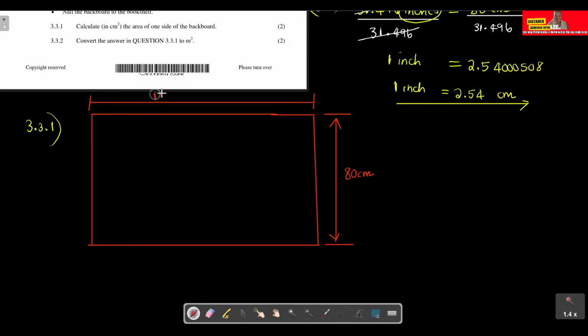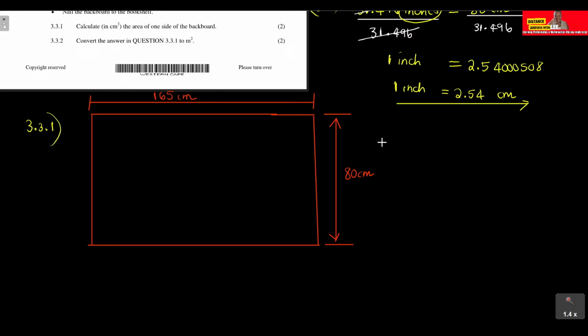Then how do we calculate the area of a rectangle? Remember guys, they gave us the formula here. To calculate the area of your rectangle, it's basically just going to be length times the width. What is the length? It's 165 centimeters. What is the width? The width is 80 centimeters.